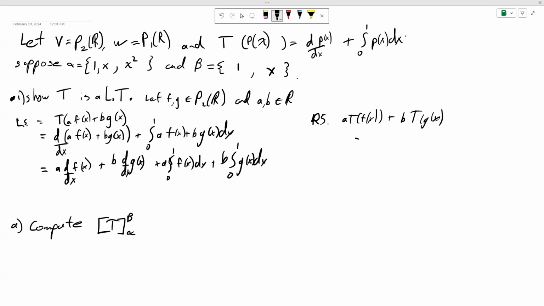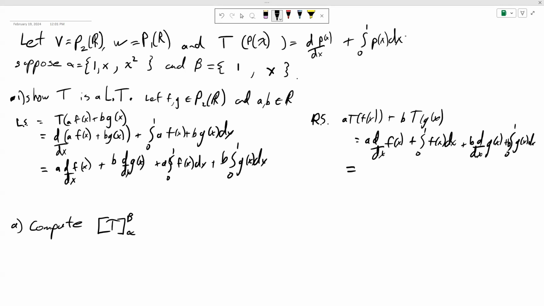And the right-hand side is going to be equal to A d by dx f of x plus the integral from 0 to 1 of f of x dx, plus B d by dx of g of x plus B times the integral from 0 to 1 of g of x with respect to x.